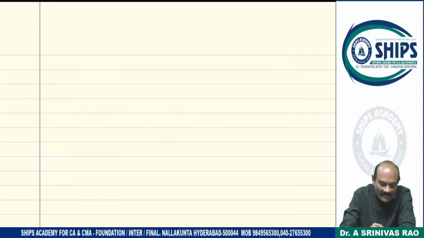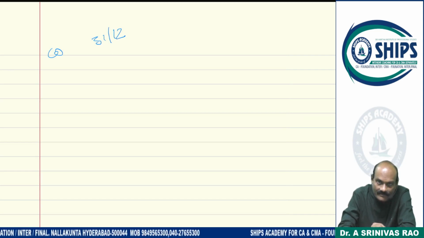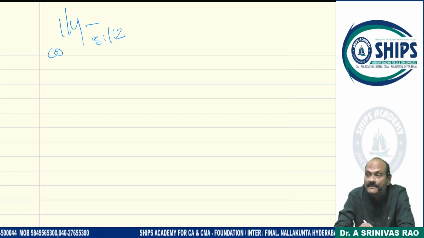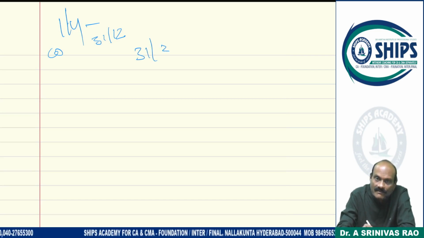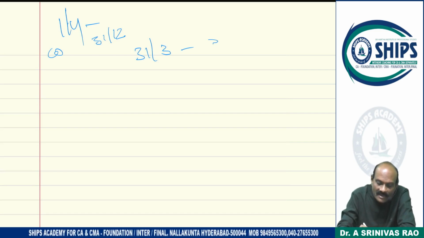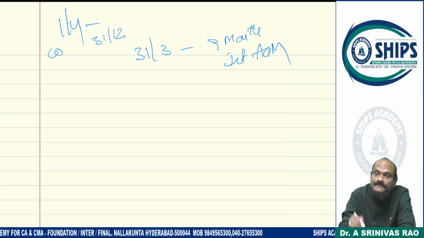Only for the later part I will explain again. Here I am giving some clarity. Any company incorporated between 1st April and 31st December, their financial year ends by 31st March next year, and within 9 months they have to conduct the first AGM.